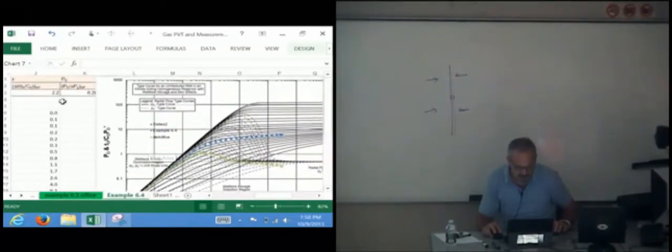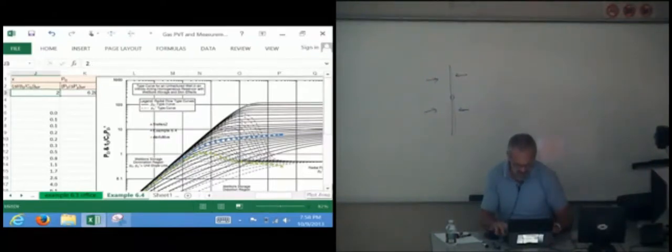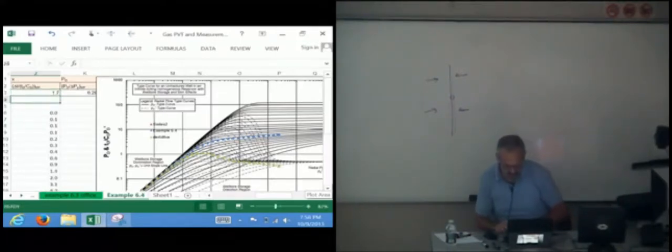Okay, that's our 2.2 number, and I got to make that smaller. Let's make it 2. That's not small enough. I'm going to make it 1.9, 1.8. Okay, that's not even enough. 1.7. Okay, that's not bad.